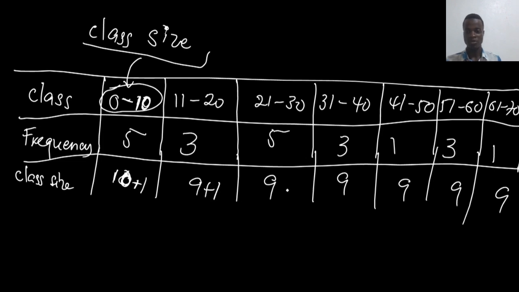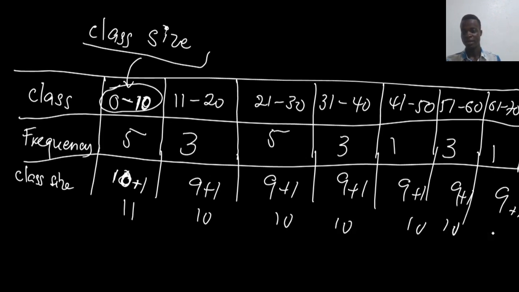So this one is going to be plus 1 each time. Here the class size is actually 11. Here the class size is actually 10. The rest are 10, 10, 10, 10, 10. So if you are getting the class size from class limit, not class boundary, you take the difference between the upper class limit and the lower class limit and add 1. So 10 minus 0 plus 1, 20 minus 11 plus 1, 30 minus 21 plus 1.